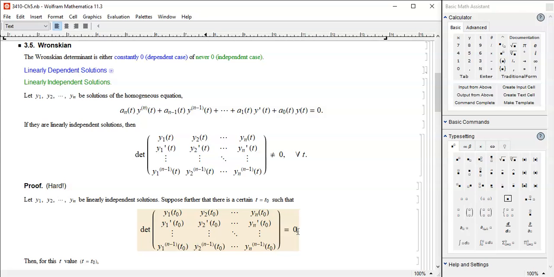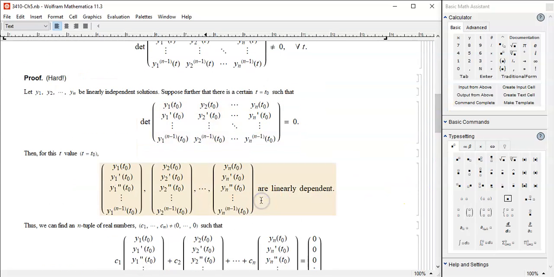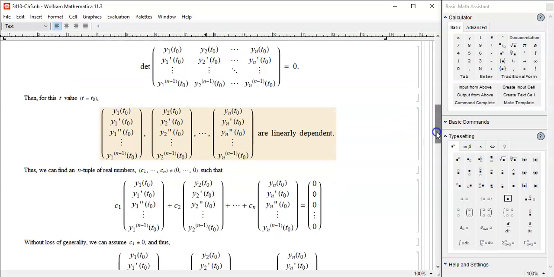So the determinant is 0, which means these column vectors are linearly dependent. So we can form an appropriate linear combination where not all coefficients C1, C2, and so on are 0, where this linear combination is 0.